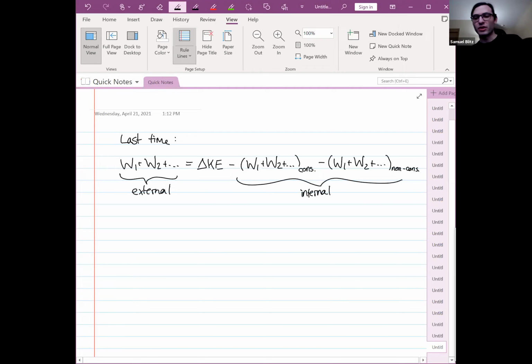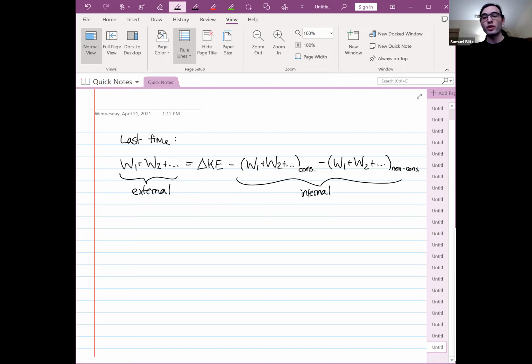So that was just a rearranging that I wrote down and told you would be useful later, and it will be useful today. I want to remind you that conservative forces, as far as we've seen, and actually by definition, only care about the initial and final positions when you calculate work. For example, gravity is a conservative force.